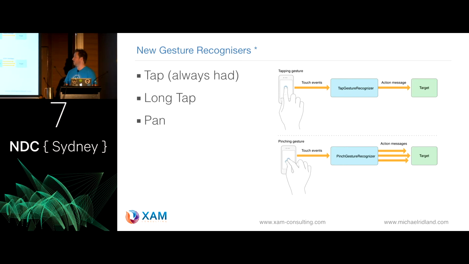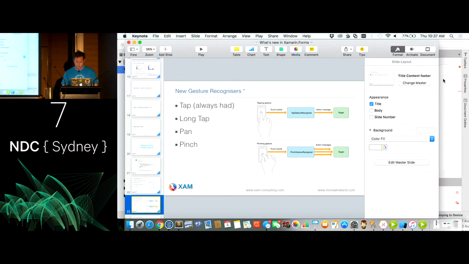So pan, if you don't know what it is, it's actually when you put your finger down and you move it around the device, and then pinch. As you can see here, it's when you're doing the pinching and zooming. So I've actually got a demo of that.